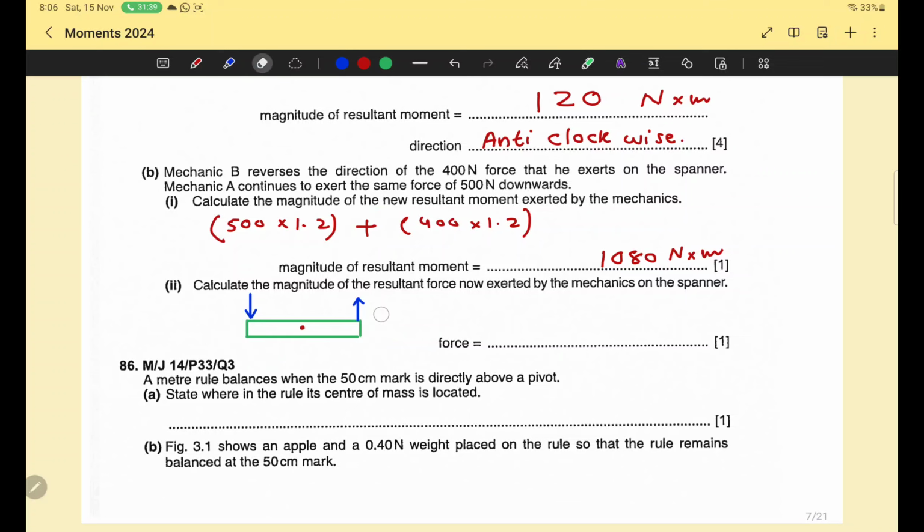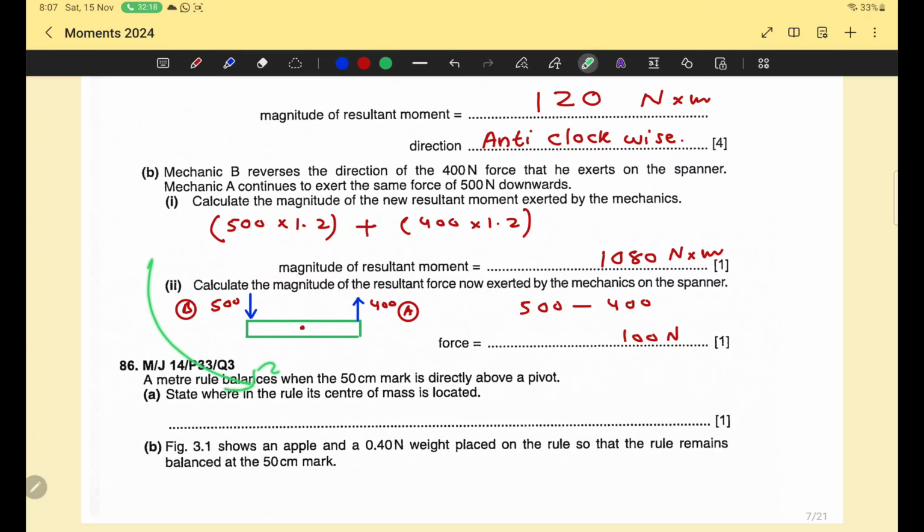But for the last part, this force acts downward and this force acts upward, and they are asking what is the resultant force. This is downward, this is upward, so they are subtracted. So the resultant force is 100 Newton. I think it may confuse you, because when the force from mechanic B acts downward and the force of mechanic A acts upward, when calculating turning effect, they are added.